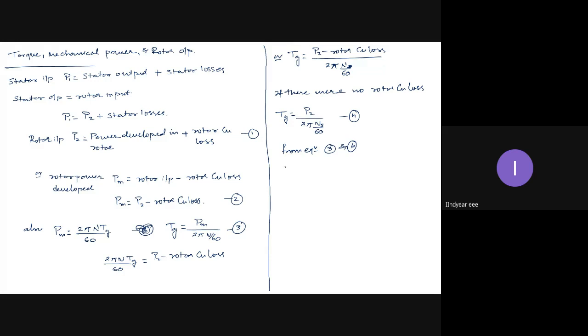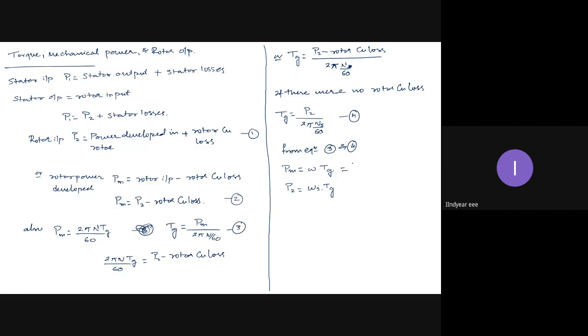Pm is equal to omega into Tg, and P2 is equal to omega s into Tg. Omega s is the synchronous angular speed.